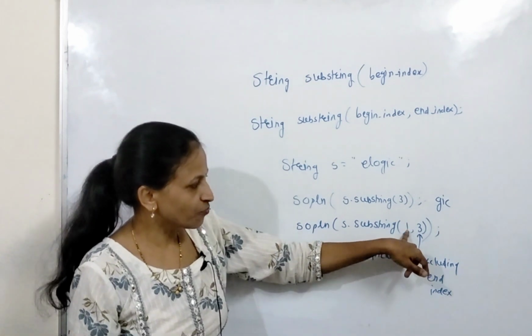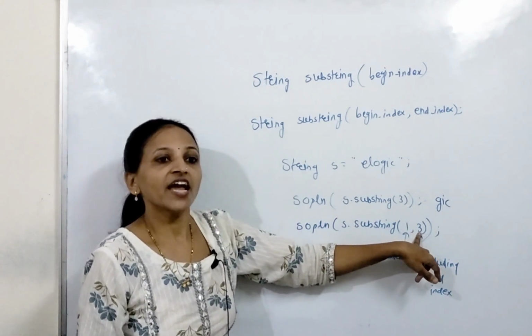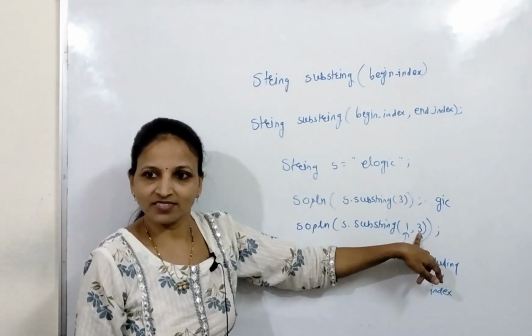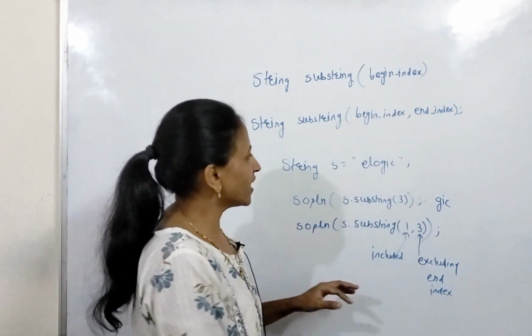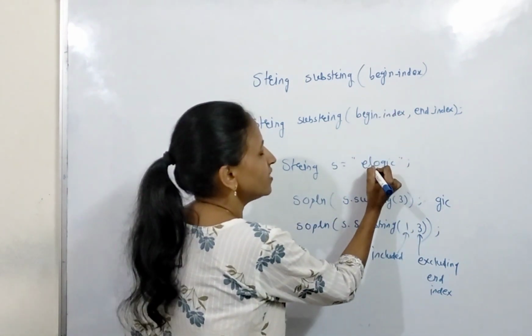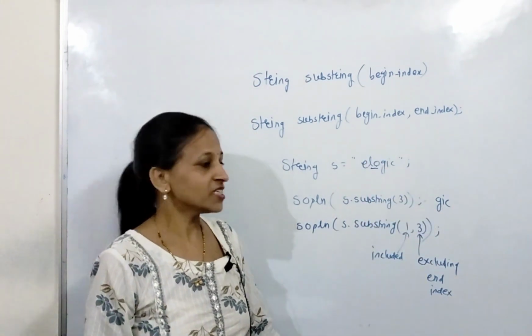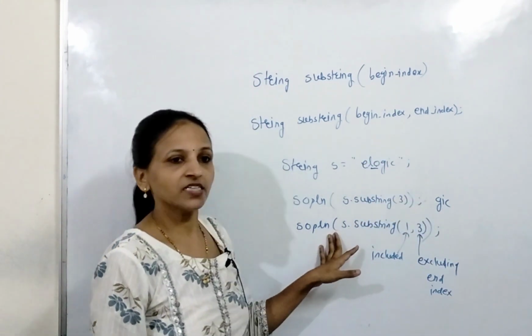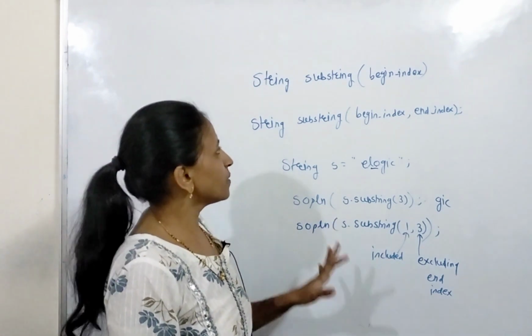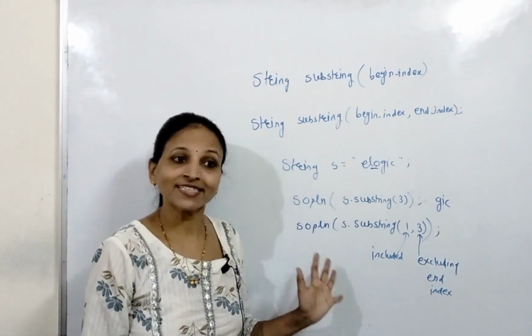That means it will start from 1 and end with end index minus 1. Here you will get 0, 1 and 2, that is LO, which is the string displayed. This is just the substring method of the String class.